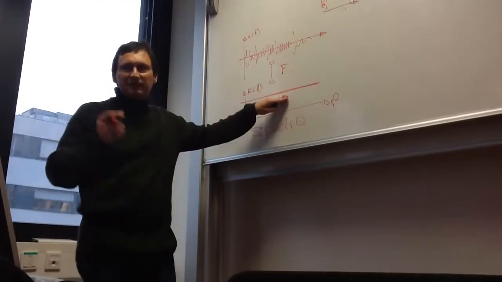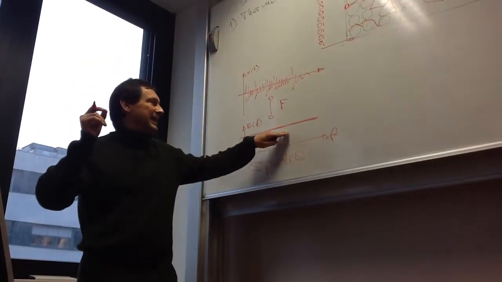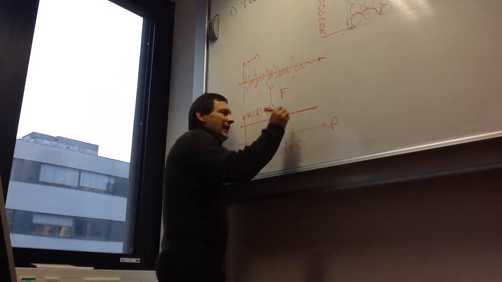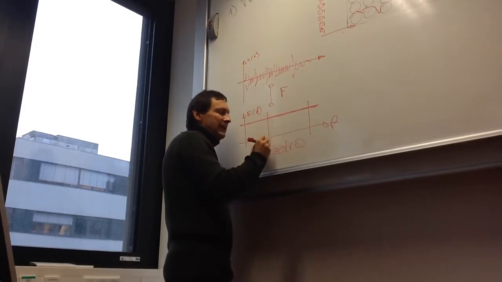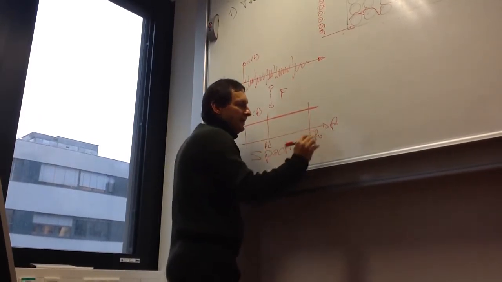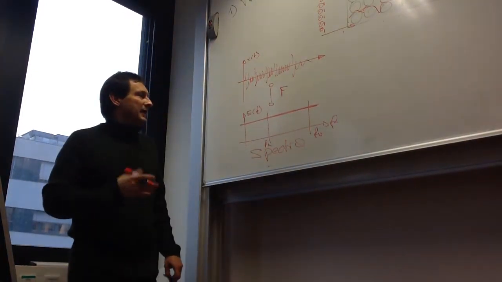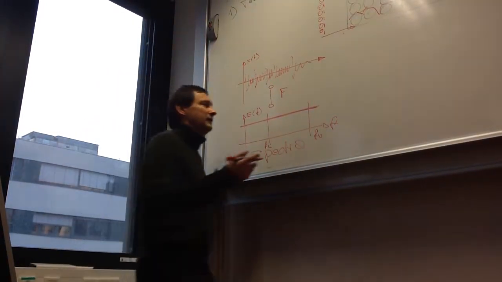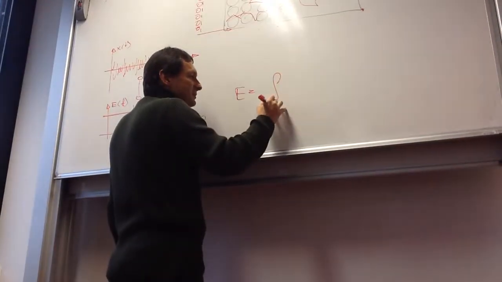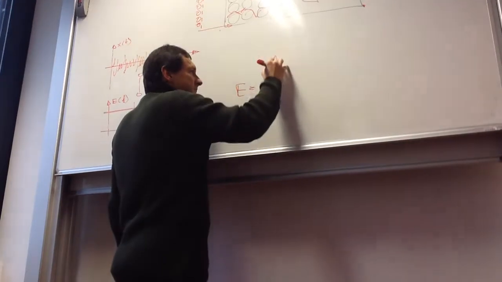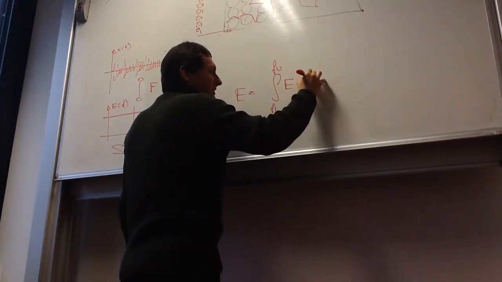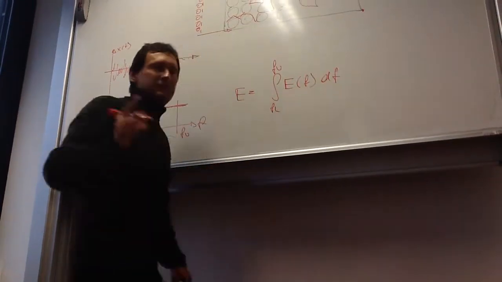That means that if we would like to calculate the energy content of our signal, we have to apply a lower border and an upper border. And the energy is given by the integration from the lower to the upper border over our energy distribution over frequency.